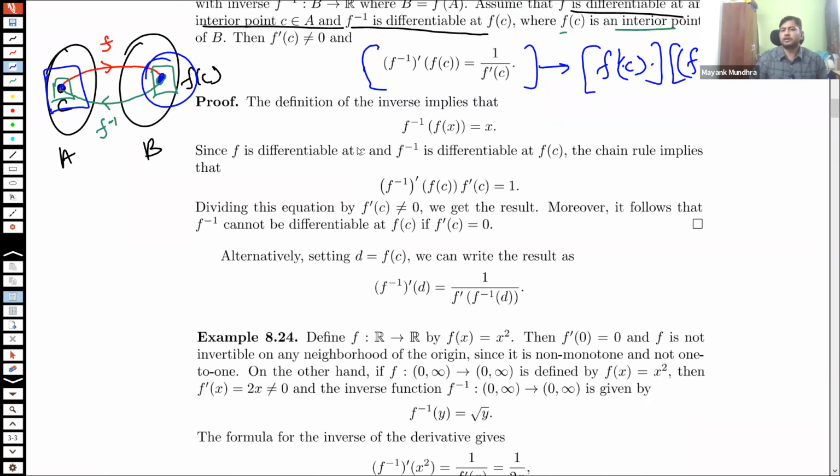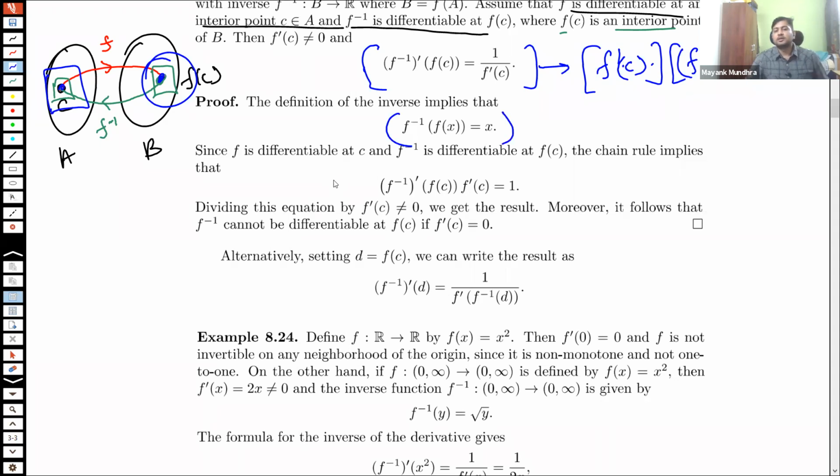The proof is important because, as I told you, you cannot write this in words. Okay, you cannot just draw these figures and everything. You'll get 0 marks if you draw only these figures. Okay, you'll get marks for the proof. So what is the proof? The definition of the inverse is f inverse of f of x is equal to x. Now I apply the chain rule and differentiate this.